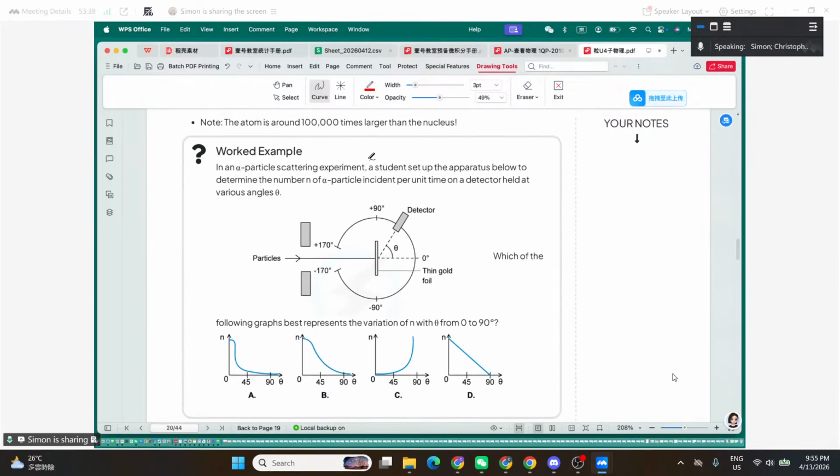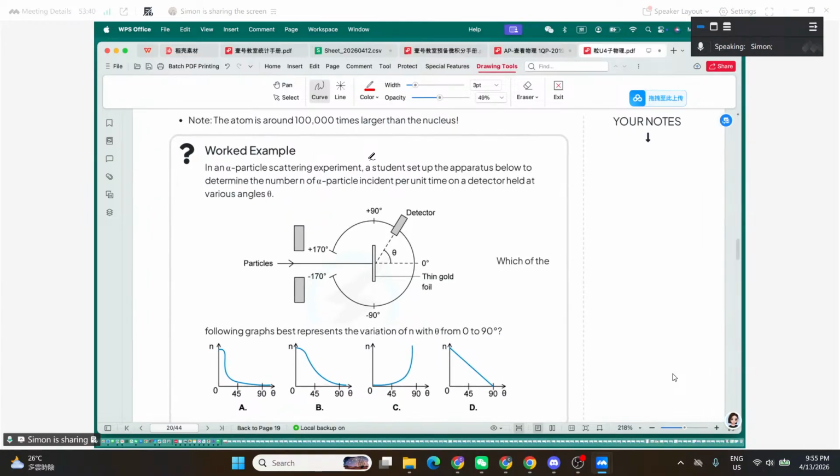And look at this worked example, the alpha particle scattering experiment. A student set up the apparatus below to determine the number n of alpha particles incident per unit time on a detector held at various angles theta. Look at the equipment.